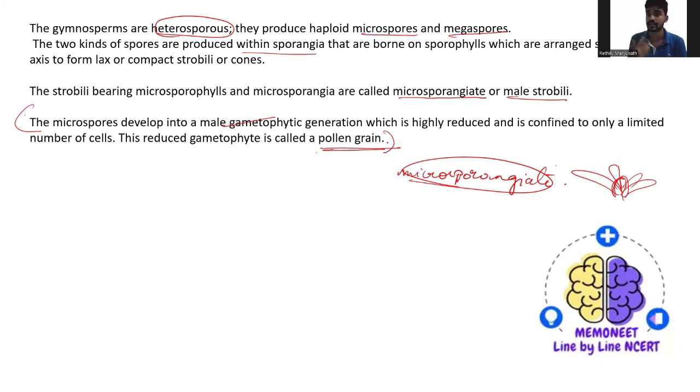That I have already discussed in the sexual reproduction of flowering plants, where male pollen grain formation takes place, where reduction division normally takes place. I have explained all this, right? So from gymnosperms itself, the production of pollen grains normally takes place.